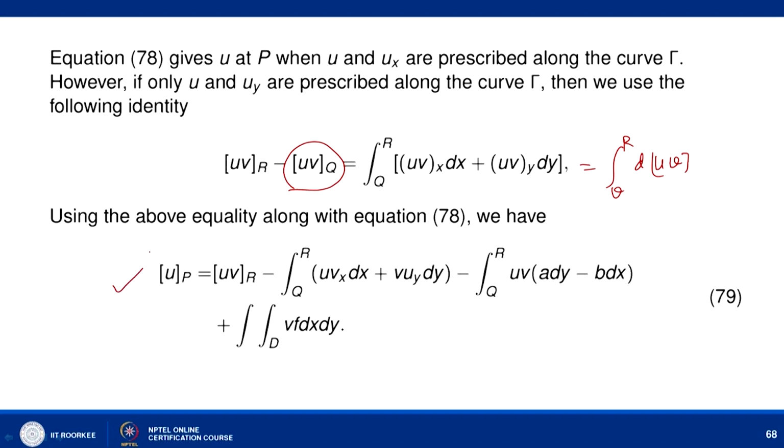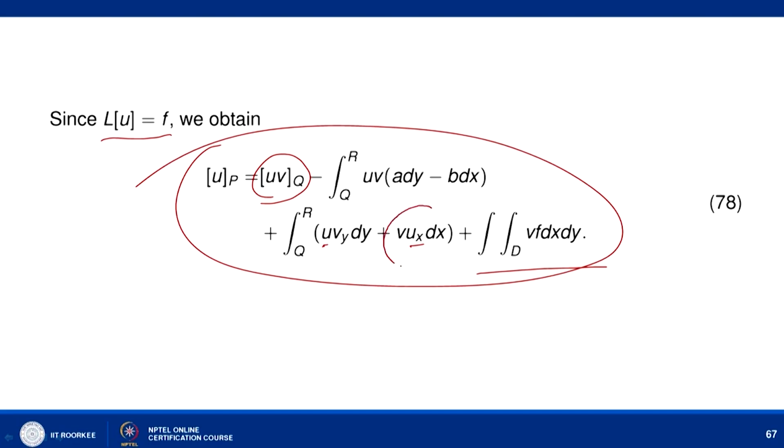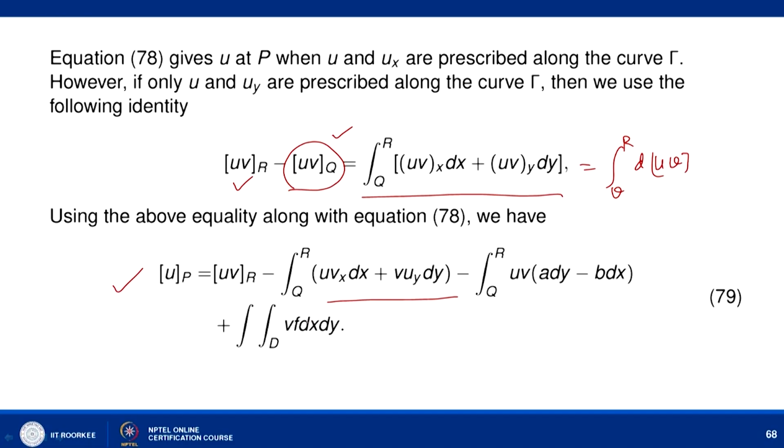I am not going to simplify this. You can simplify it: you take out the value of uv at Q in terms of uv at R and this integral, and when you put it back, it will give you the following: u at P equal to uv at R minus the integral from Q to R of (uv_x dx plus vu_y dy). This is unchanged. The only thing we have changed here is this expression, which will change a bit; the rest is the same.